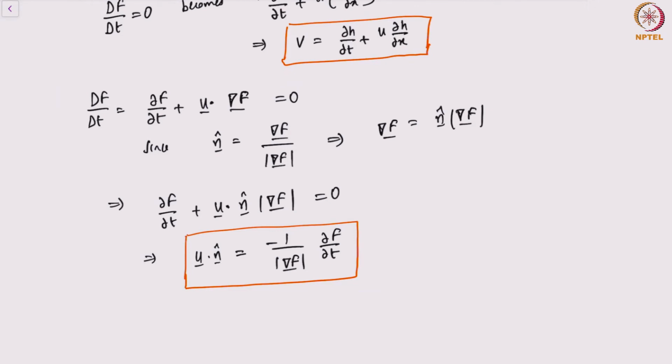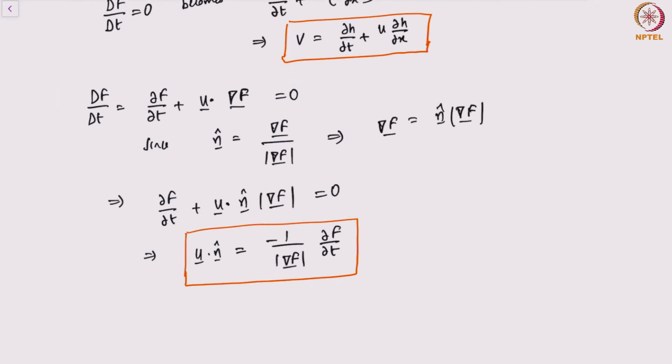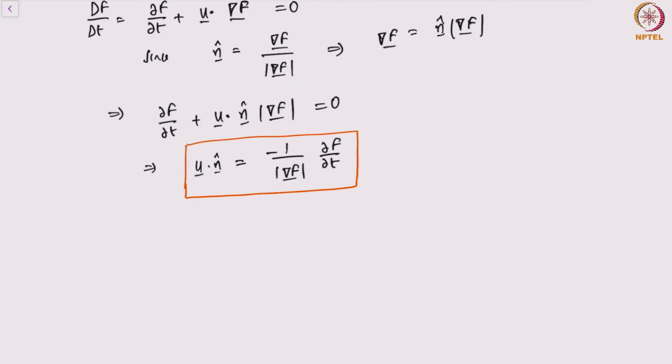Okay, so this second condition is especially useful when the interface is fixed in space, then this condition simply becomes u dot n is equal to 0.